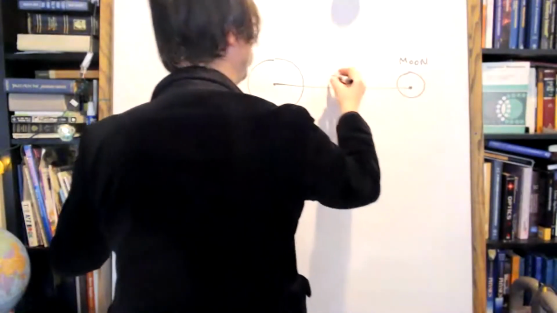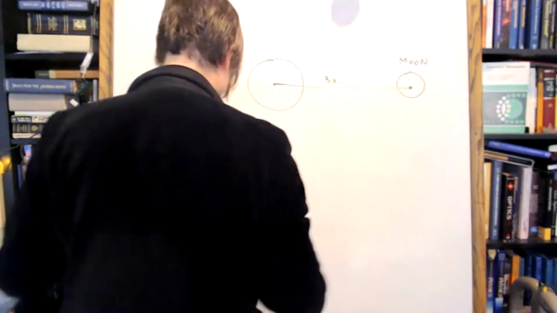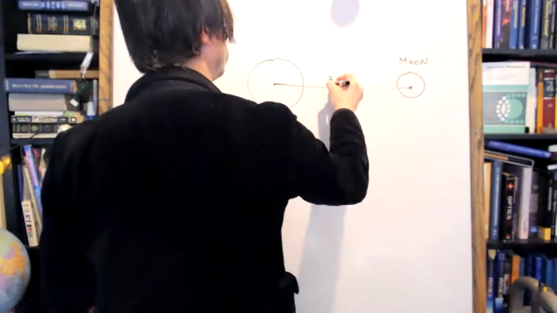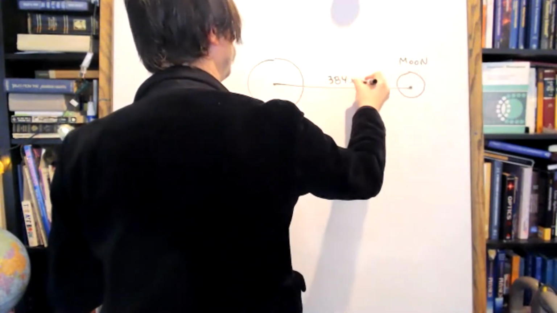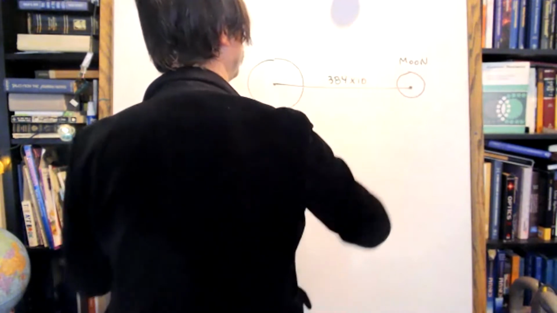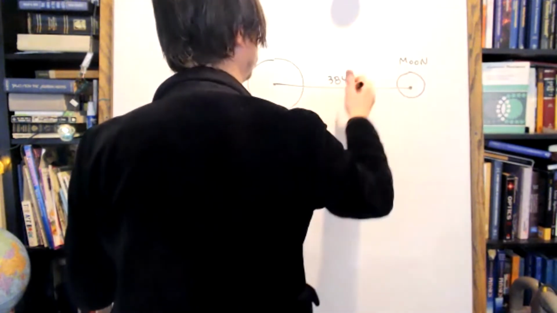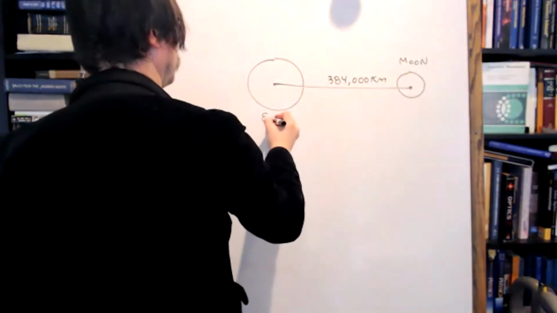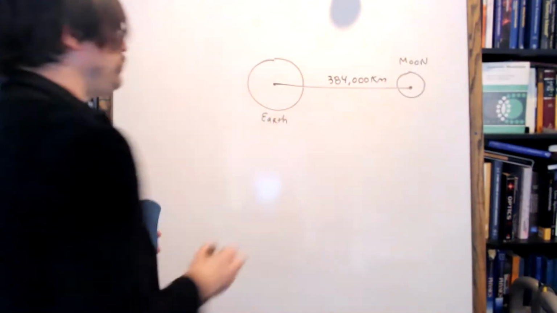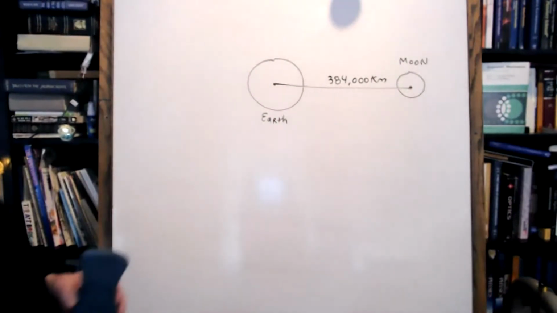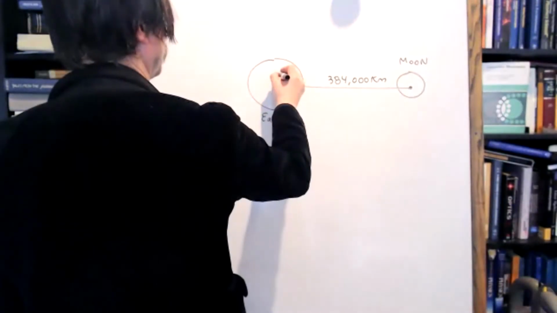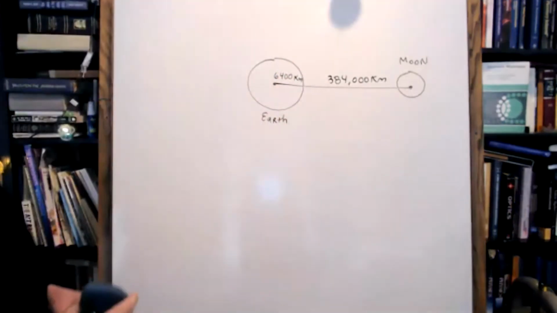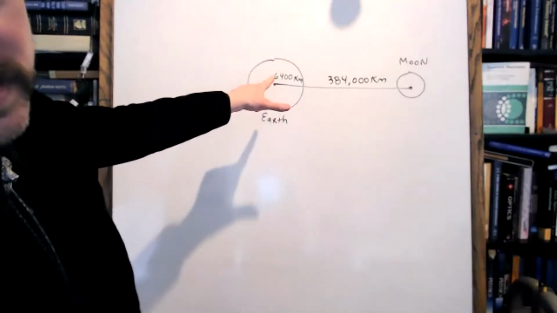And you know from our previous problem that the center to center distance is 384,000. We'll do the whole thing in kilometers. The radius of Earth is 6,400 kilometers.